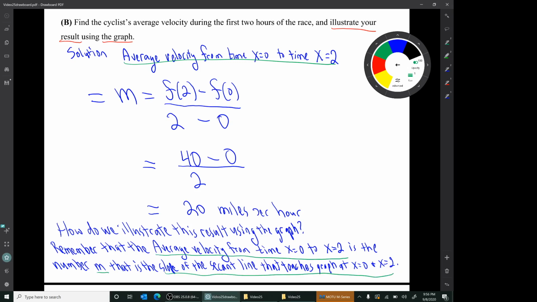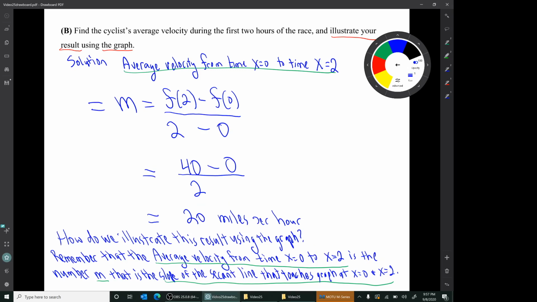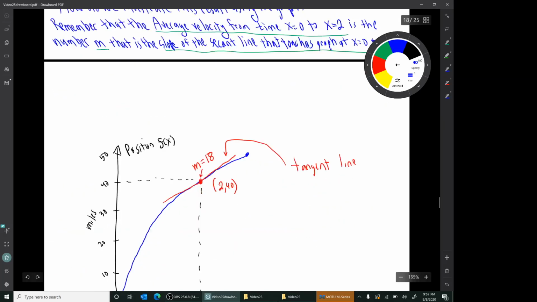So what we need to do is grab our graph from before and draw in that secant line and label it. Well, I've copied the graph from before and I've put it on the next page. So let's go to that graph, draw in that secant line and label it.